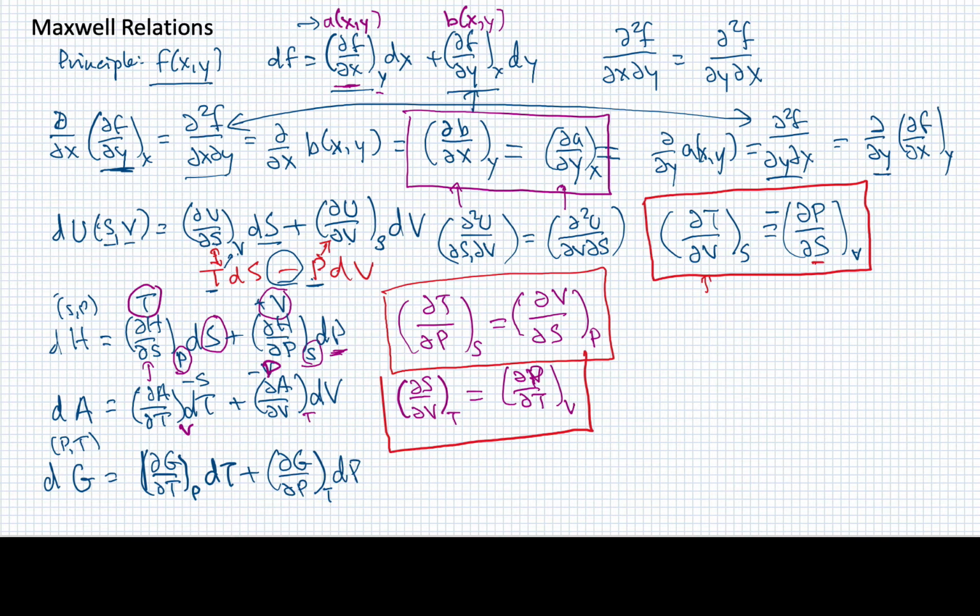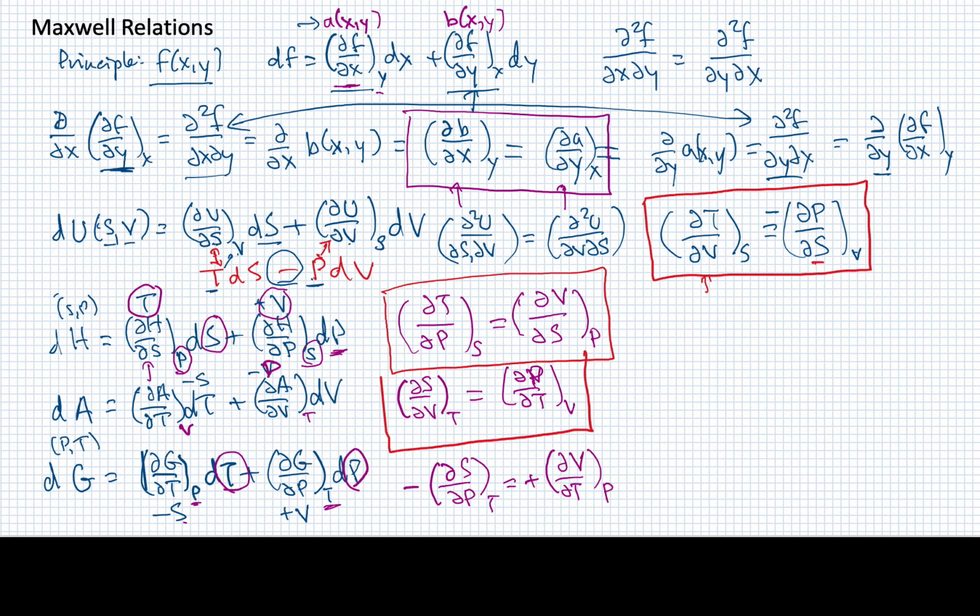And I know that this one is going to be minus S and this one is going to be plus V. So in this case, I'll have the following cross derivatives: a negative dS dP at constant temperature is equal to a positive dV dT at constant pressure.